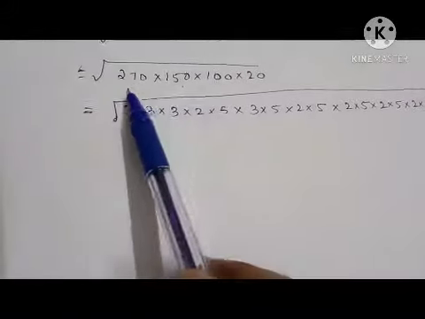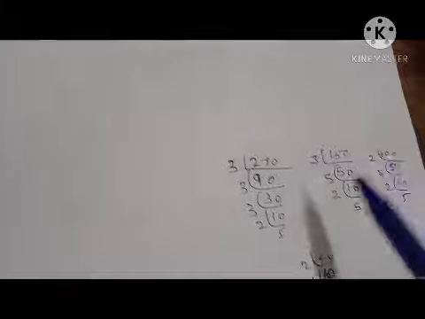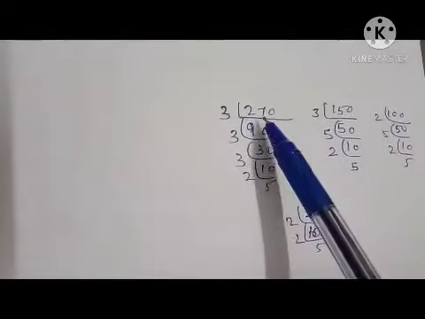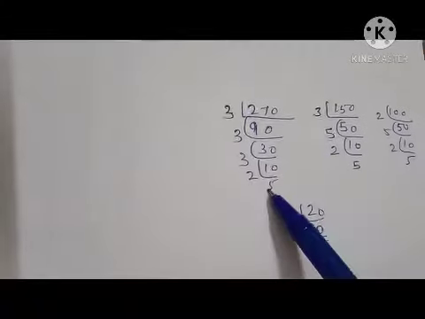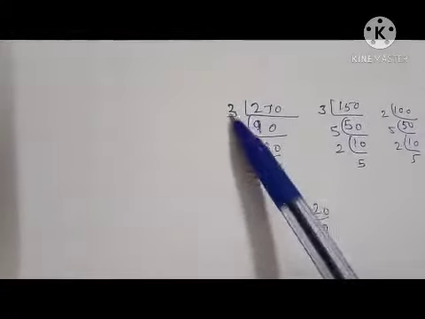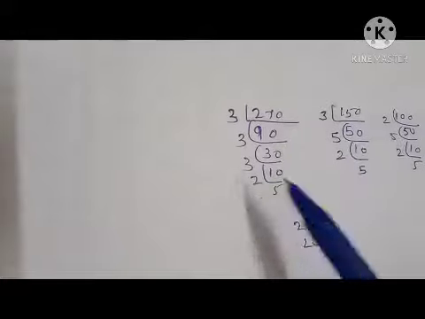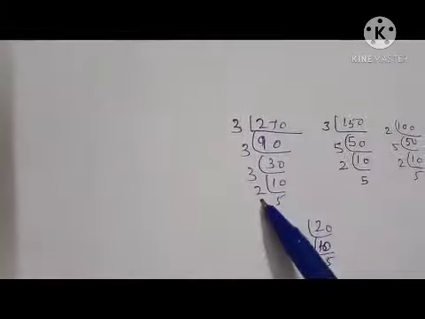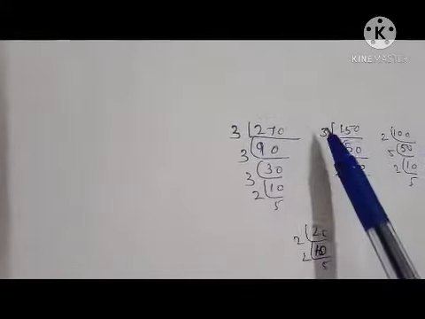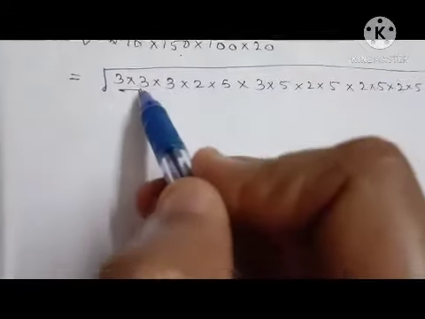Then we have to prime factorize each number. So this is the prime factorization. 270, 150, 100, 20. Any order you will get, you can write, but this itself: 3 into 3 into 3 into 2 into 5 or 2 into 5 into 3 into 3 into 3. Any order you can write, but these are the factors. Same way these all. So that we wrote here, then we can make pairs.